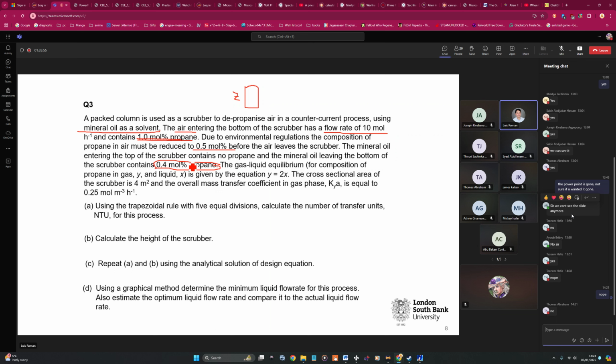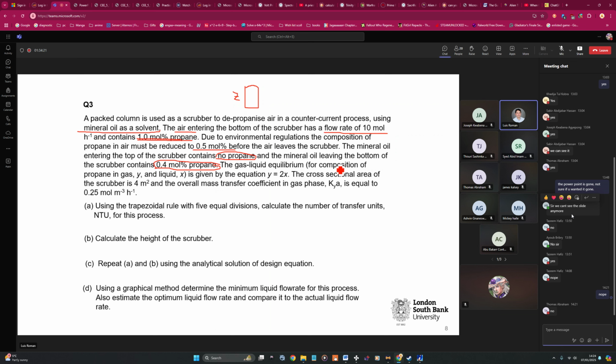And the liquid enters with no solute. There is no propane in the liquid, so it's pure liquid. Then it leaves the column with this concentration, 0.4. So the gas phase, we want to reduce from 1 mole percent to 0.5 mole percent.